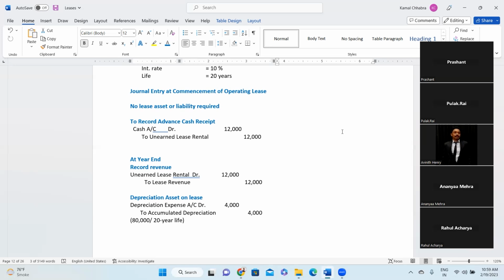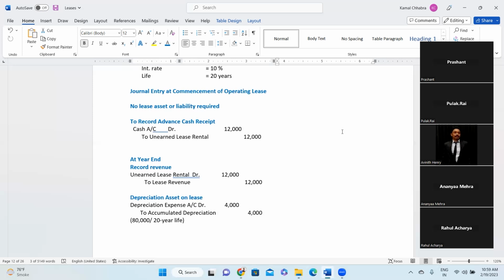So you'll be making the first entry, cash account debit to unearned lease rental, right? And after a year, when the person has already used the car, you have a right to recognize the revenue. So then you'll be making the second entry: you'll be reducing the liability and recognizing the lease rental revenue, right?